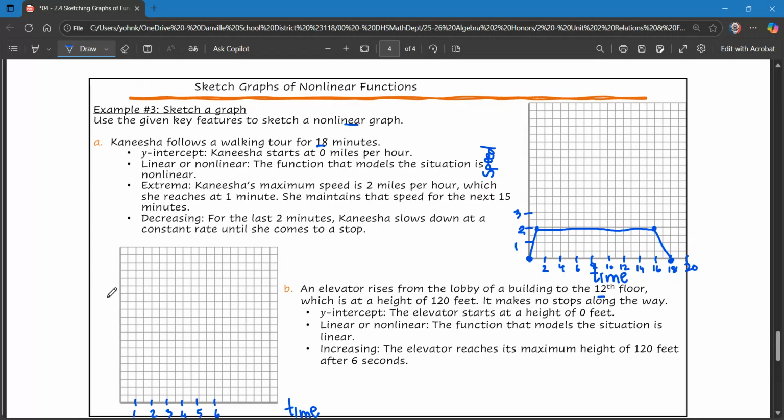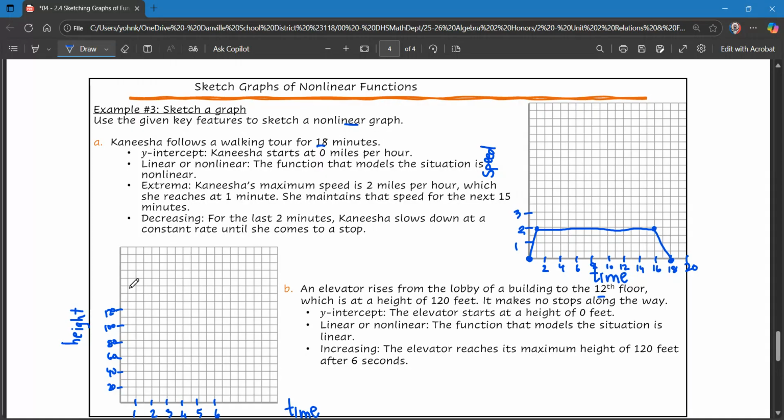And our vertical is going to be the height of our elevator. We have to get to 120 feet, so we can count by tens if we want to. So we'll go 20, 40, 60, 80, 100, 120.